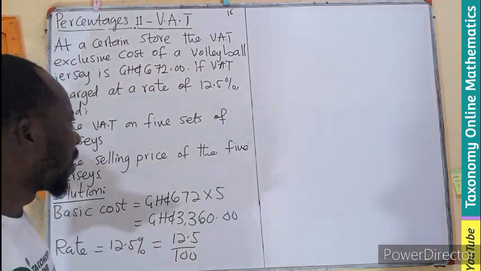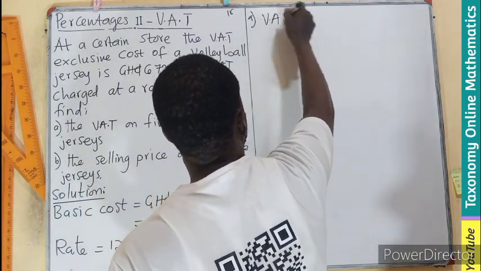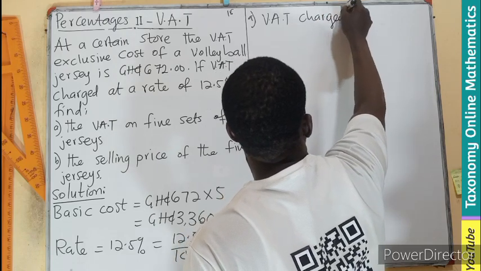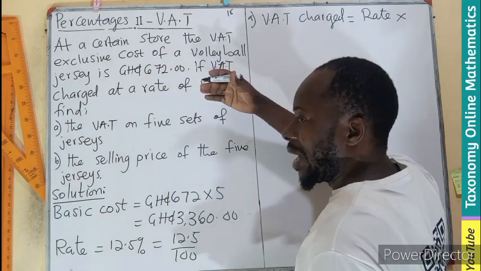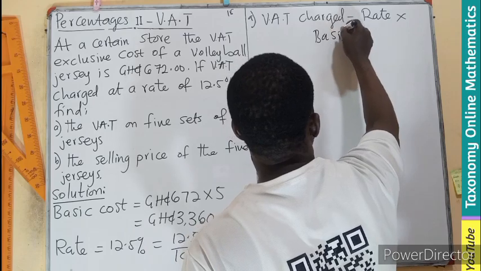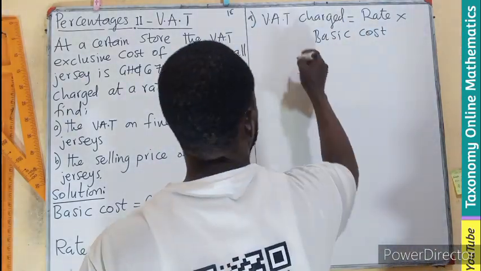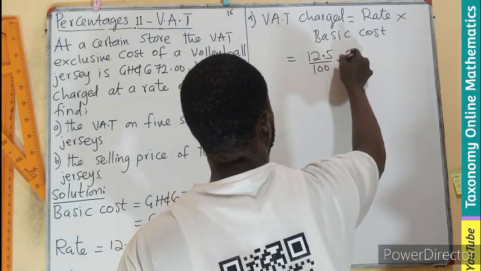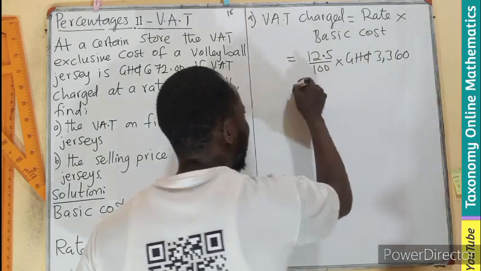So the first part of the question is looking for the VAT charge. The VAT charge is just the percentage rate times the basic cost, or the VAT exclusive cost. So by substitution we have 12.5 divided by 100, multiplied by 3,360.